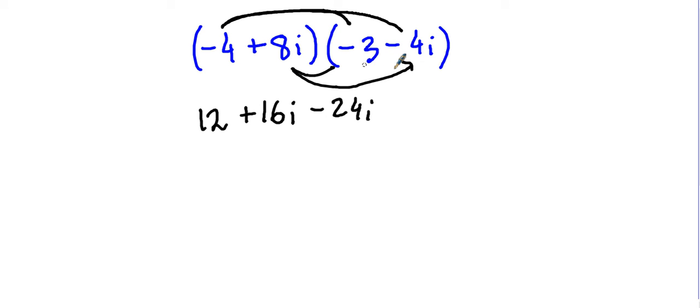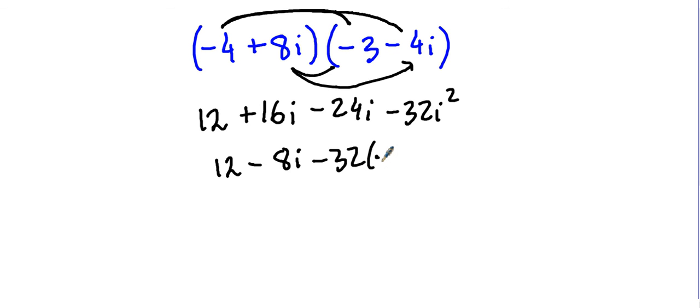And positive 8i times -4i is -32i squared. So you should have 12 minus 8i minus 32 times -1, which is 12 minus 8i plus 32, which is 44 minus 8i.